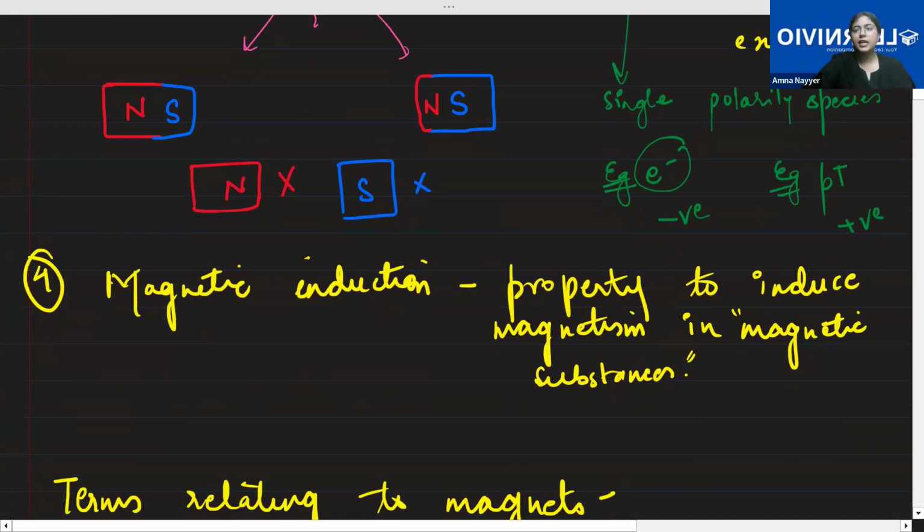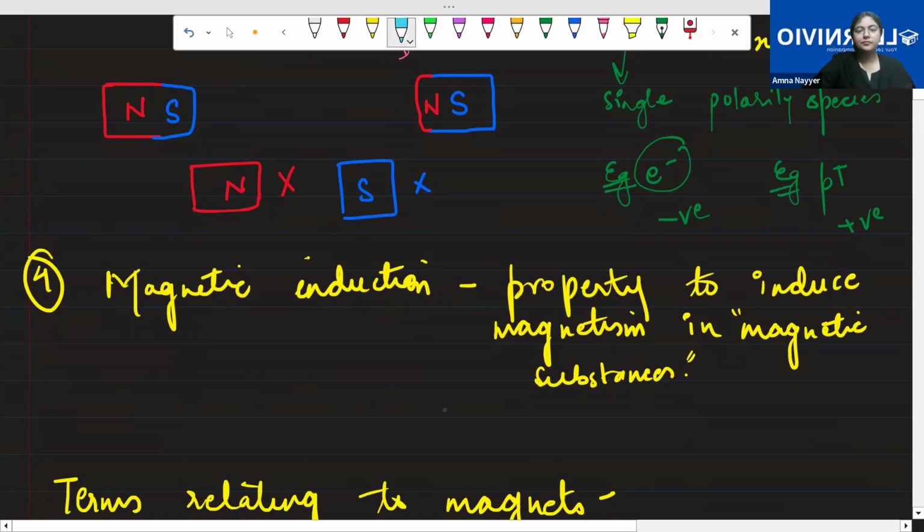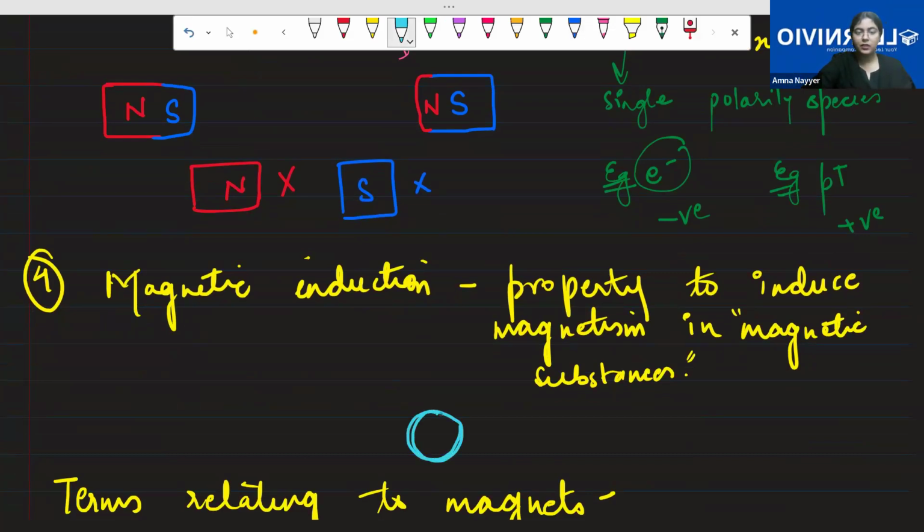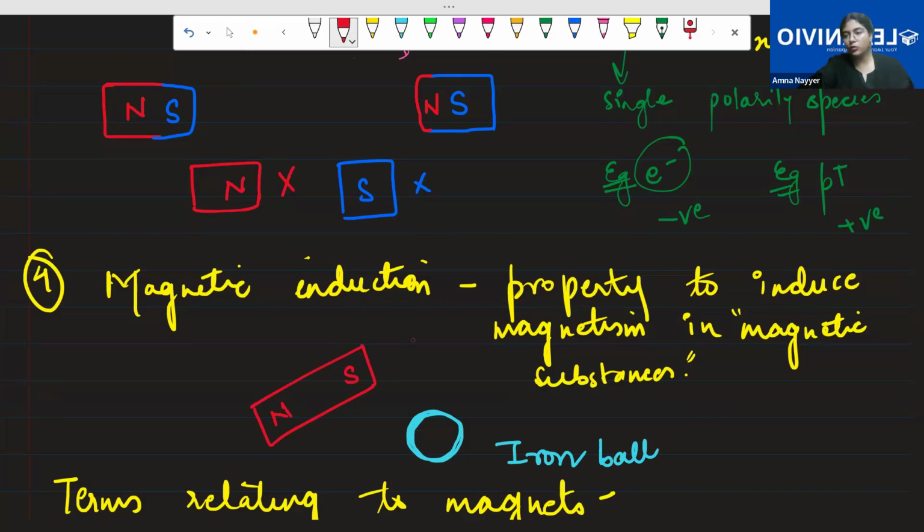Magnetic induction means, let's say I have an iron ball with me. This is an iron ball. Now let's say I have a north-south bar magnet present. Now I rub this iron ball continuously on this bar magnet.